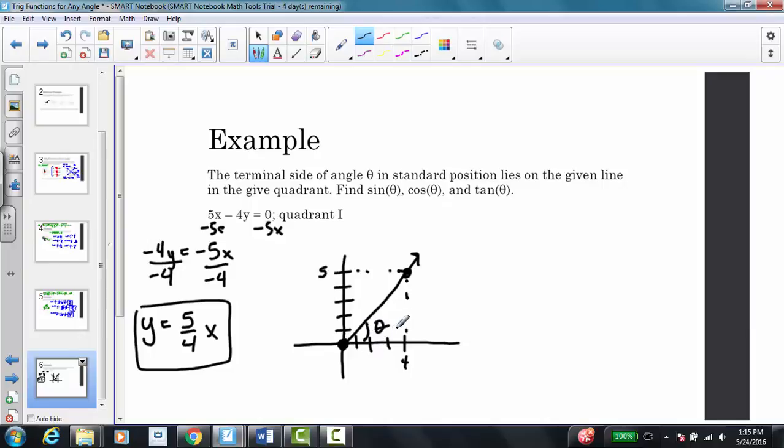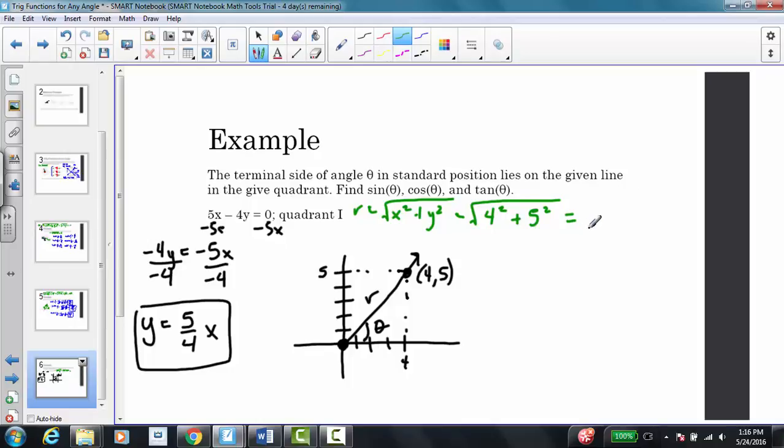So now it looks more familiar to what we've been doing. We have a point 4, comma 5. So my x distance is 4, my y distance is 5. But now I need to find out what r is. So r is the square root of x squared plus y squared. So then I have 4 squared plus 5 squared.